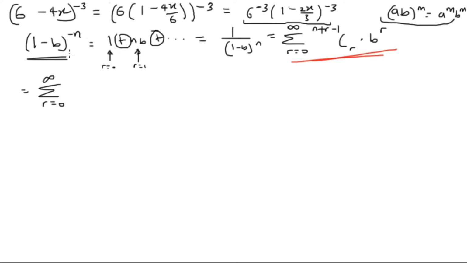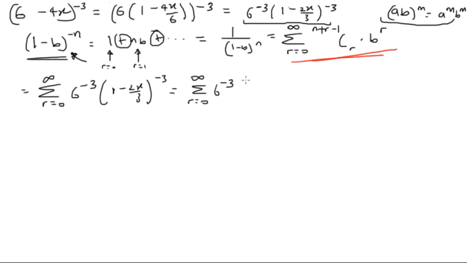If you compare this with this binomial, you would see that my n... before then, let me just write (1 minus 2x over 3) raised to power minus 3, which is the same thing as the infinite sum. Then r starts from 0, with 6 raised to power minus 3.